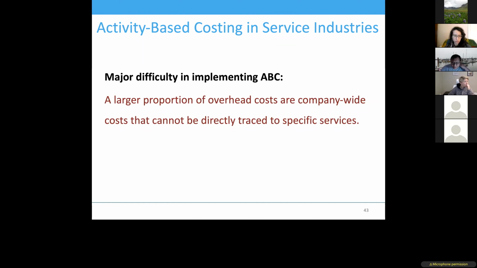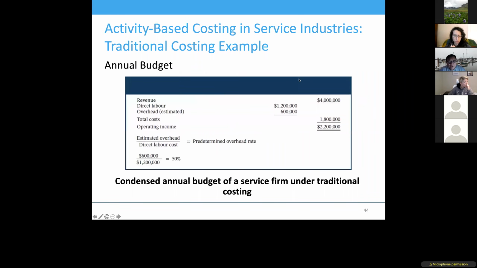So it's really hard to trace their effort, how many hours you spend in a year and how many minutes you spend on a specific service. So the allocation of this cost will still be quite rough. Okay, this is one example for the service industry. This example is under traditional costing.